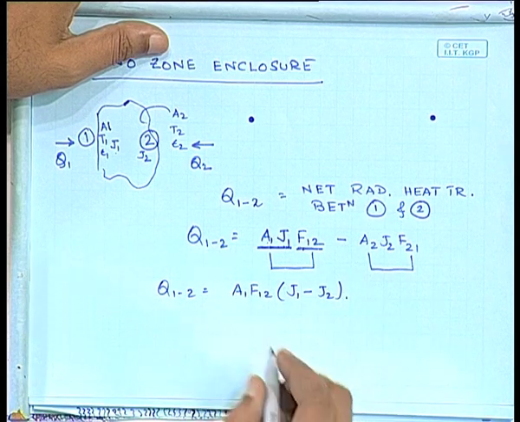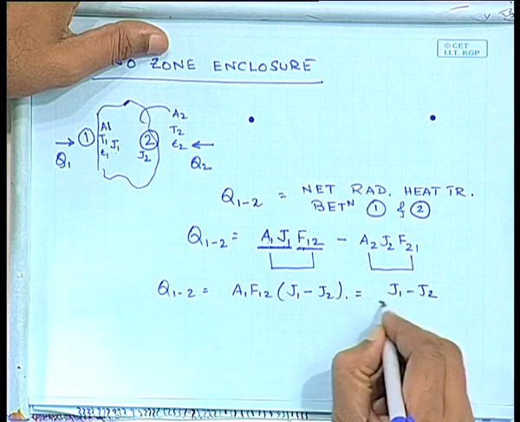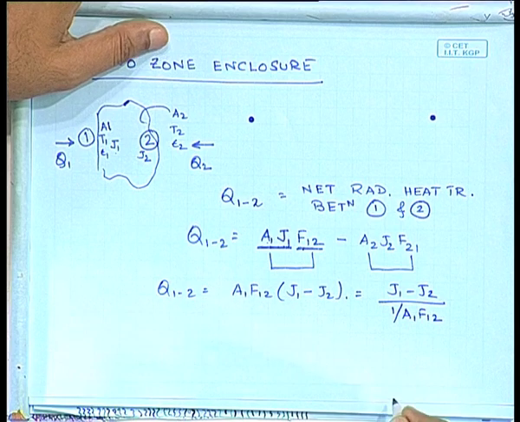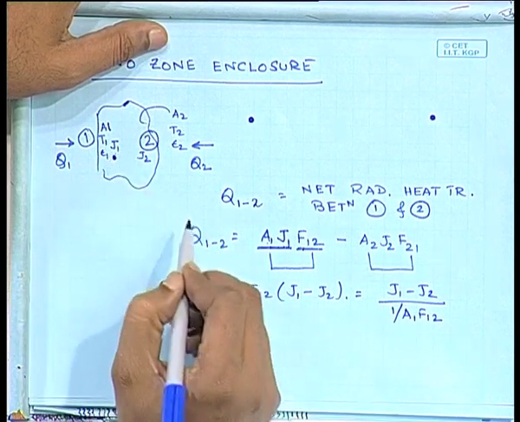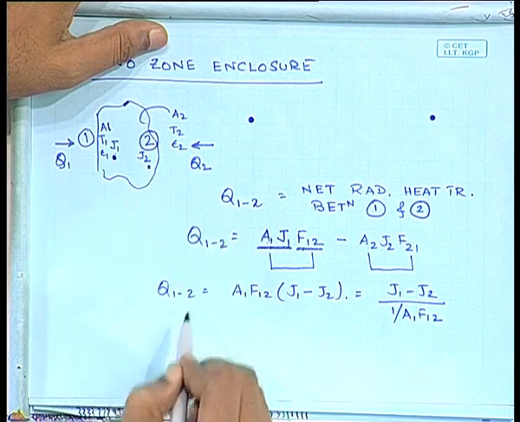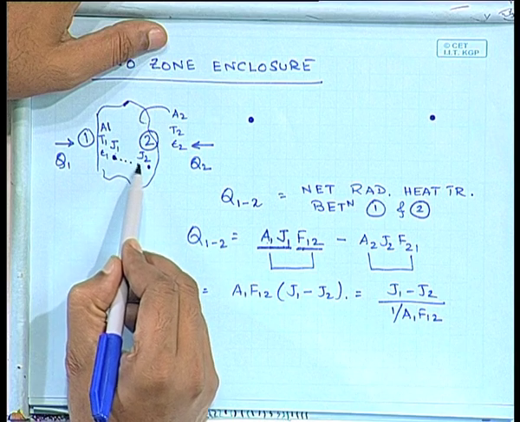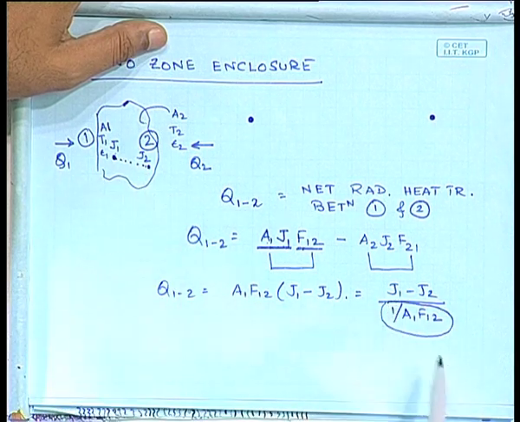Okay. And of course, this can also be written as J1 minus J2 divided by 1 by A1 F12. So, now you see that you have two more potentials, one just outside surface 1, the second just outside surface 2. Okay. And these two are connected by a resistance which is equal to 1 by A1 F12.